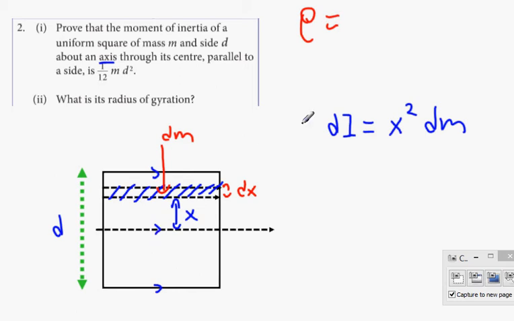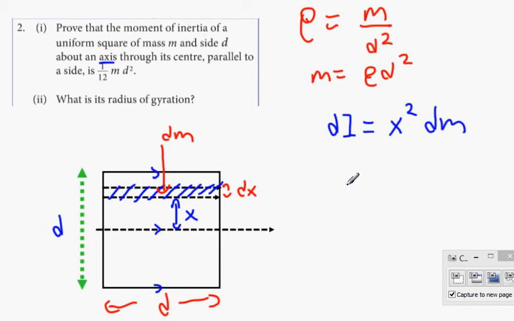To get this, we need the full mass of the object, which is M, and the full area of the object, which is D multiplied by D, which is D squared. This means that rho equals M over D squared. It also means that M equals rho D squared.